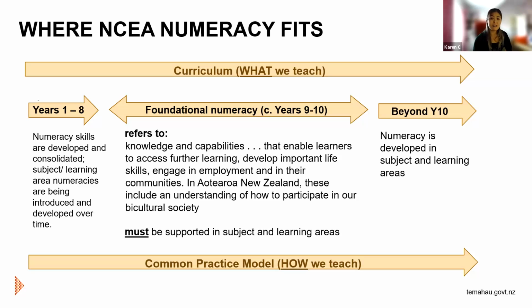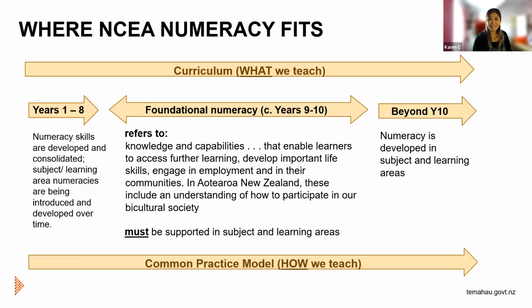There are also learning areas that maybe associate a little less strongly with numeracy, but they still need to be engaging in it, because when we don't make it explicit and clear that numeracy exists beyond the mathematics and statistics classroom, learners struggle to actually see it in their day-to-day lives, or to have that transference of mathematical and statistical skills. So this is a broad look at what numeracy is in general, and where NCEA numeracy, or co-requisite, sits within.